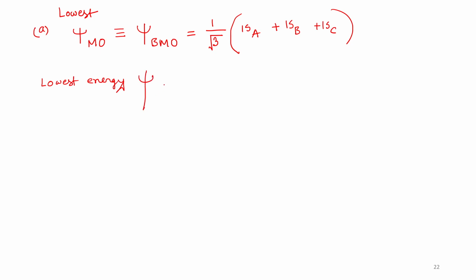And your lowest energy wave function is going to be a product of psi BMO, for H3 2 plus, right? So 2 electrons are there. Psi BMO, 1 electron will be delocalized all over this place, and psi BMO for the second electron.